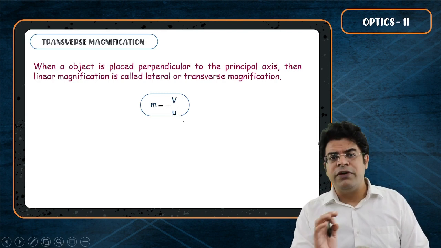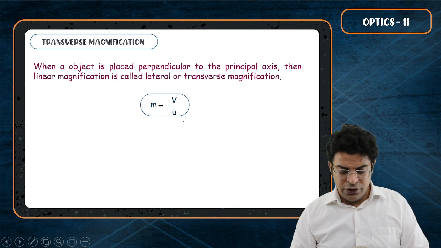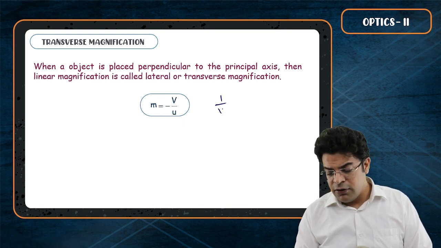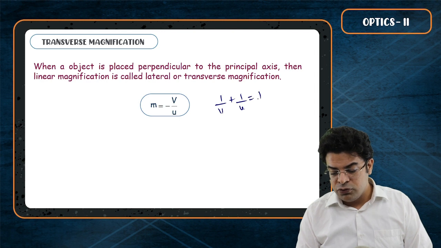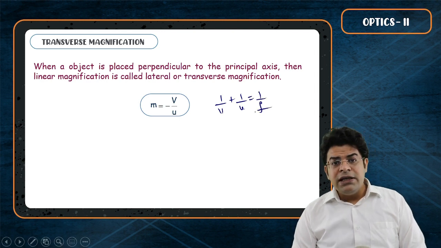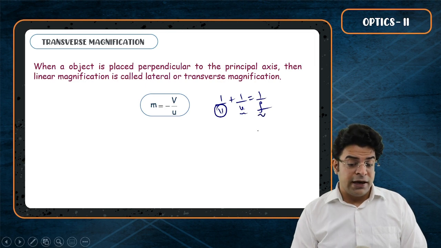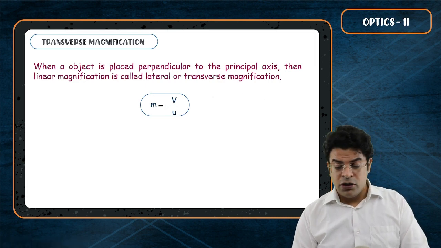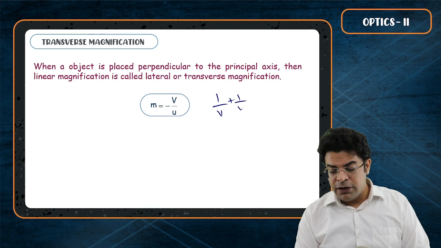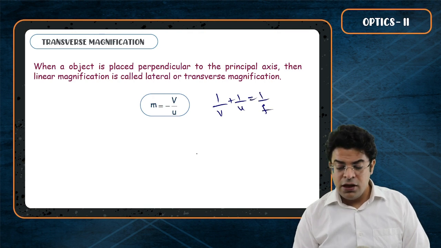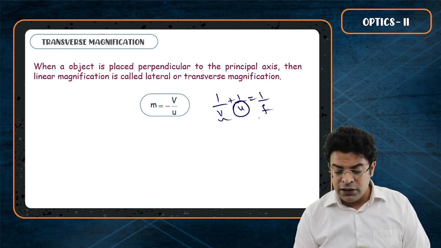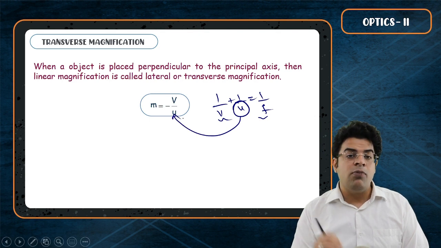And there are more ways to write this same formula. Using the mirror formula, 1/v plus 1/u equals 1/f, either I can substitute v in terms of u and f, and I can get one more formula of magnification. Or using 1/v plus 1/u equals 1/f, I can substitute u in terms of v and f here and get one more formula.